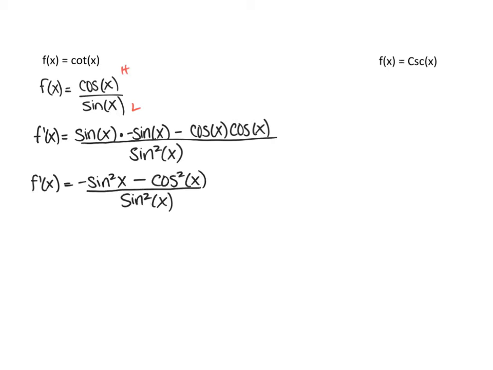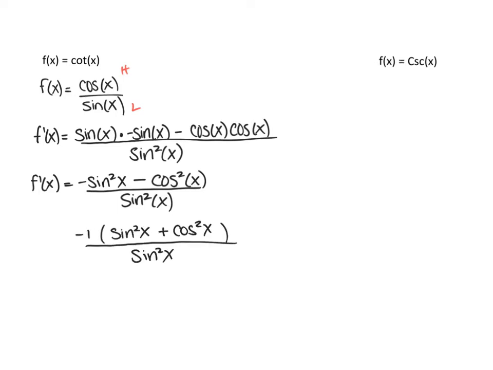And something interesting that I can do is it's similar to the Pythagorean identity that I had before, except it doesn't have a plus sign. But I can make it a plus sign if I just take out a GCF of negative 1 on top. So if I do that, I'm left with sine squared x plus cosine squared x all over sine squared.